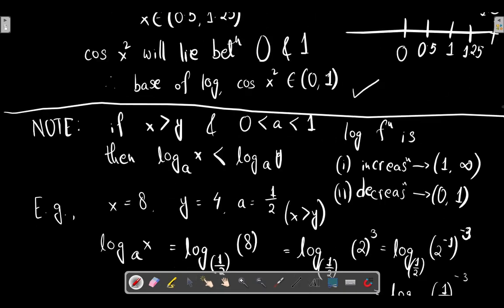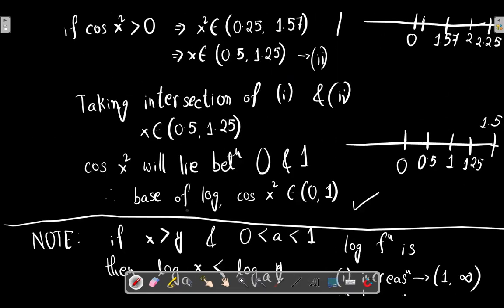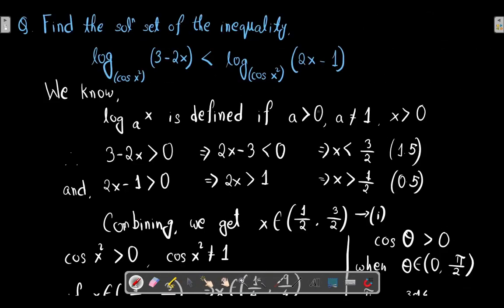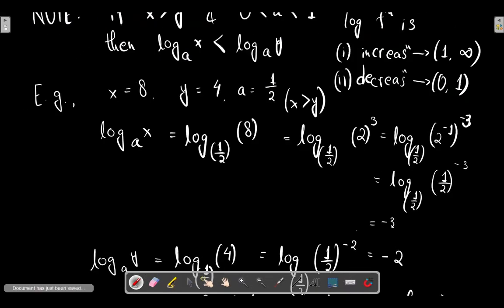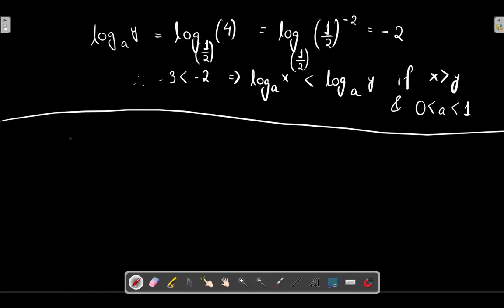So in the sum, we found that the base of the logarithm, cos of x square, was between 0 and 1. We are given the inequality log base cos x square of 3 minus 2x is less than log base cos x square of 2x minus 1.